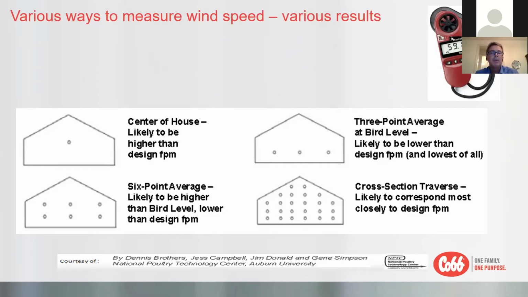Yes, we can make many readings throughout the cross section, but for simplicity's sake, we just do 3. That will give you an average reading, which is probably a little lower than the design reading for the house. If you want a very accurate reading, you're going to have to do a lot of readings across the cross section, just like in the bottom right-hand side.